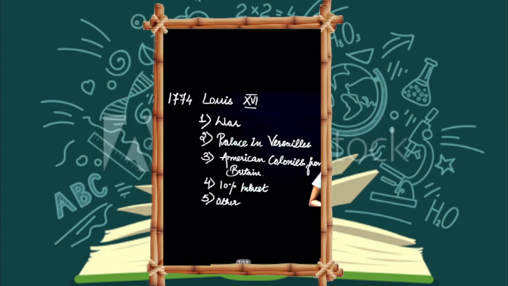Next, France had to take a lot of debts from money lenders or feudal lords, and for this it had to pay 10% interest. That is a lot of interest. And there are other reasons also.